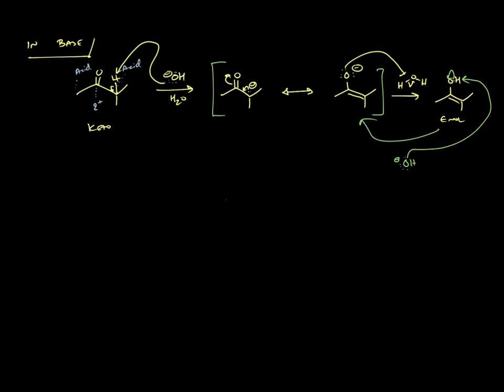And what if instead of that C- undergoing resonance, it grabbed a hydrogen off of some water? Well, then it would turn into our keto. So therefore, keto-enol tautomerization tells us that using basic solution, a ketone can turn into an enol, and an enol can turn into a ketone.